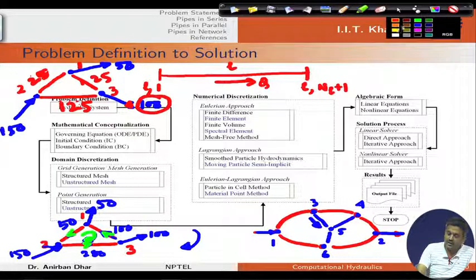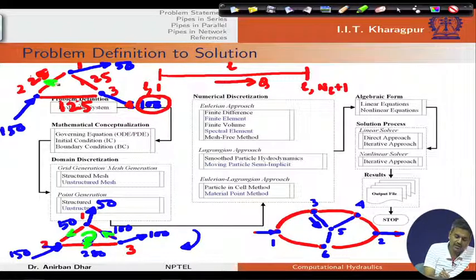So, if I consider this problem, the flow direction in this case is clockwise, in this pipe it is anti-clockwise, in this pipe it is anti-clockwise.